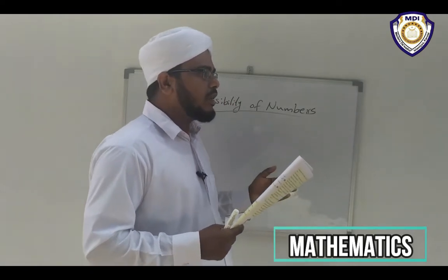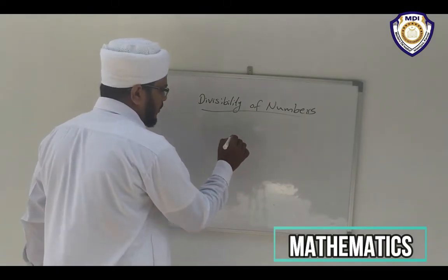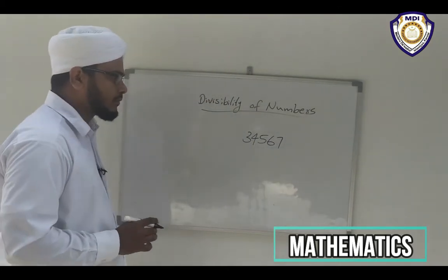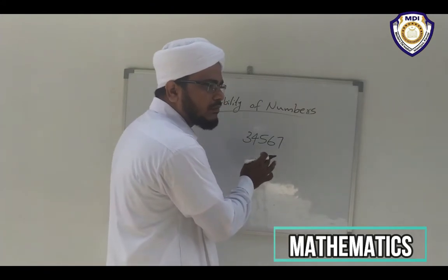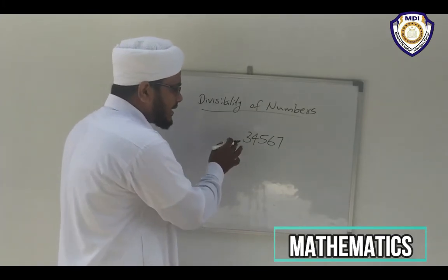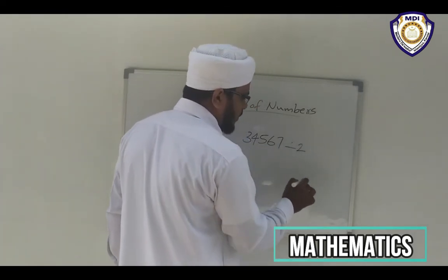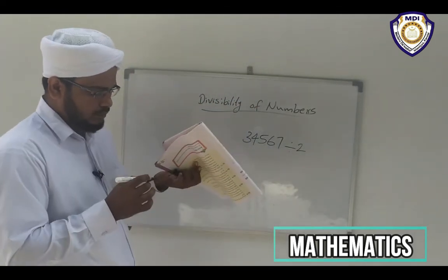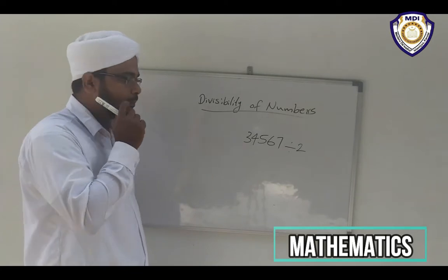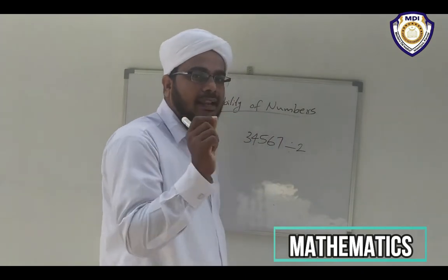If we get a number, for example, this is a number. Is it divisible by 2? Can we divide this number by 2? You can, but there will be a remainder.